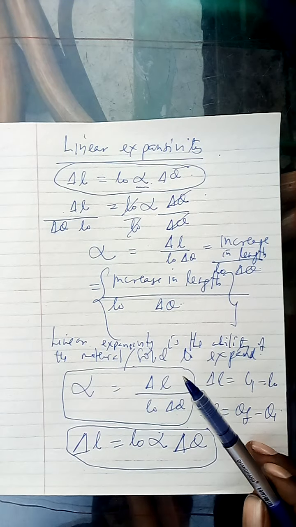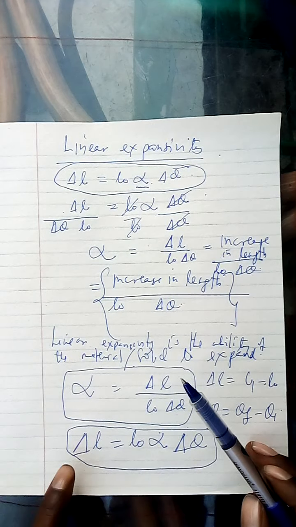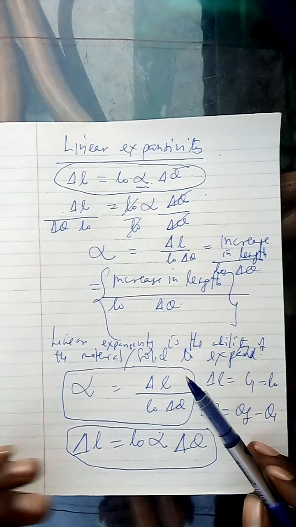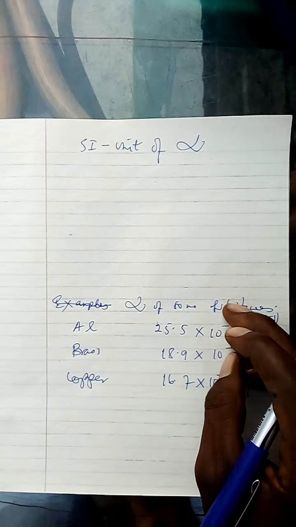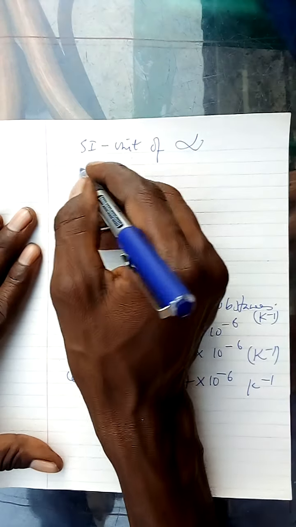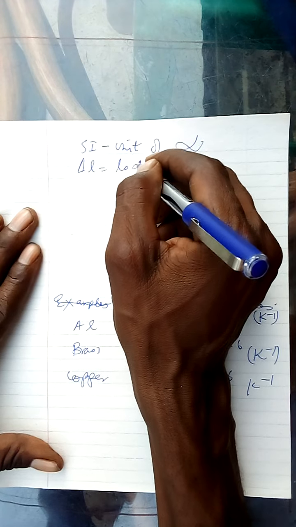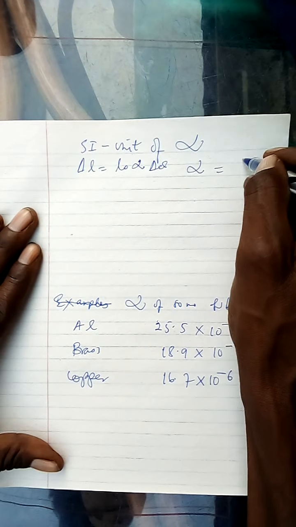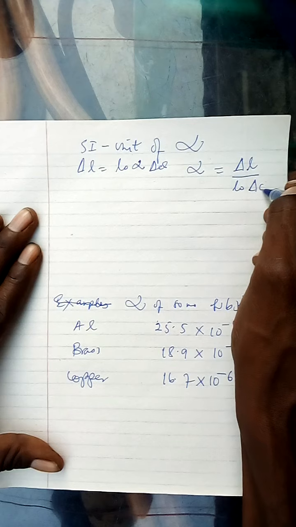Now let us see the SI unit of linear expansivity, because I've said this is constant, so each material has its own linear expansivity. As we have said, linear expansivity is equal to the change in length over the original length and change in temperature.